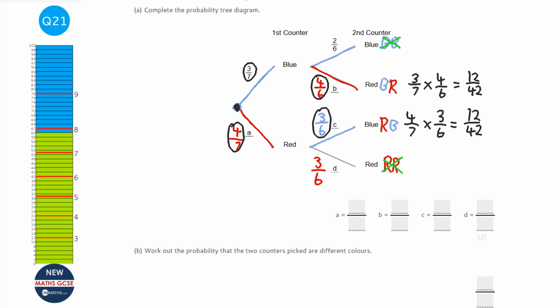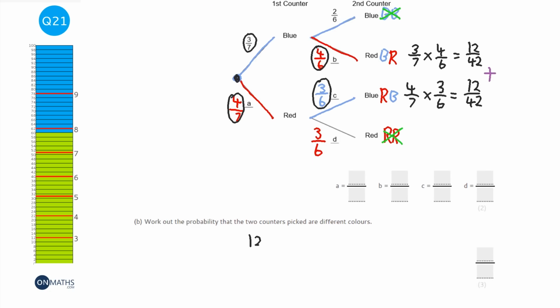We've got two probabilities, two answers. Well, we can't possibly have that. The word or comes into effect here. We either pick a blue and then a red, or a red and a blue, and the word or in probability means add. So all we need to do to finish this question is add the two options we had.